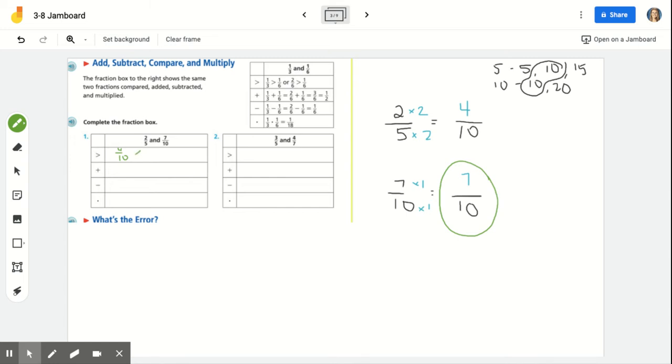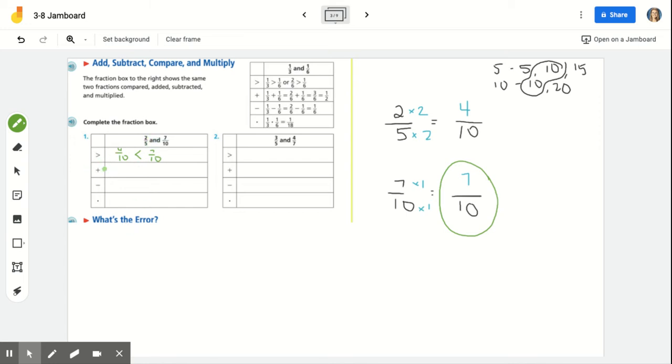I'm going to have my comparison symbol open towards 7/10 and rewrite that out. 4/10 is greater than, oh my gosh, I'm tripping up. 4/10 is actually less than 7/10, or in other words, 7/10 is greater than 4/10, and those are two equivalent fractions. So therefore, 2/5 is less than 7/10.